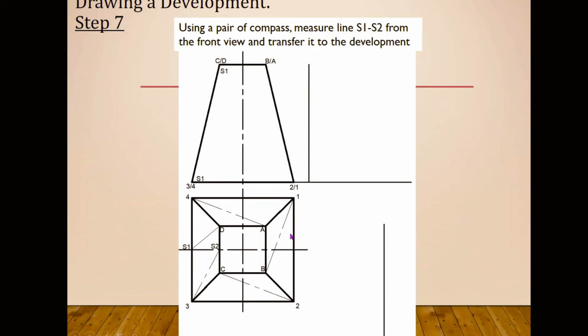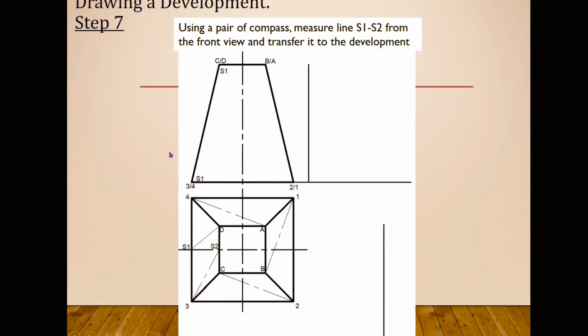Alright, now after you've done that, you're just going to draw a line. Remember, the point where we start, we're going to start at the seam. So this line will be S2 and S1. The total length of this, you're just going to measure from the front view.